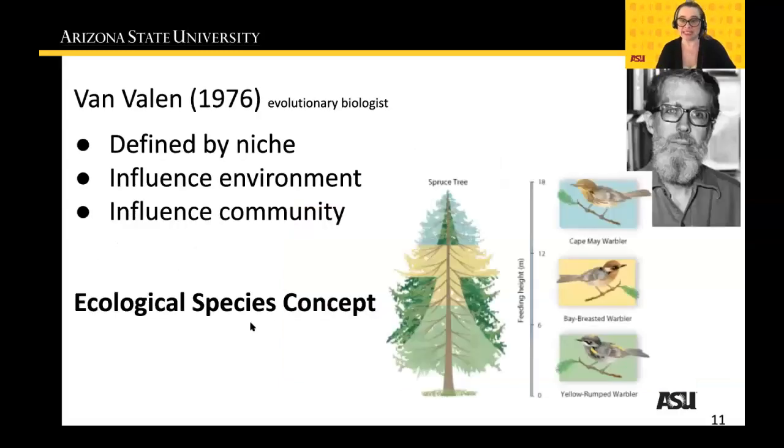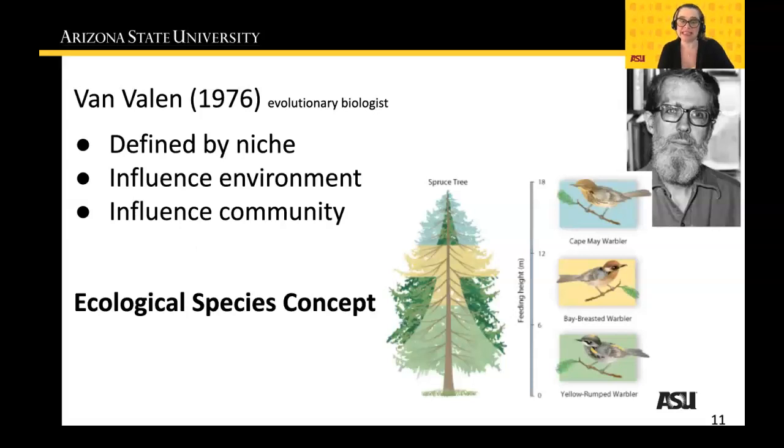In 1976, the evolutionary biologist Van Valen defined niches and said the niche is what defines the species. This is known as the ecological species concept. This defined niche is, for example, with the warblers in this spruce tree. One warbler would feed and live within the darker green portions of the tree. Another warbler species would live toward the middle portion of the tree, and the final species would live toward the top portion.